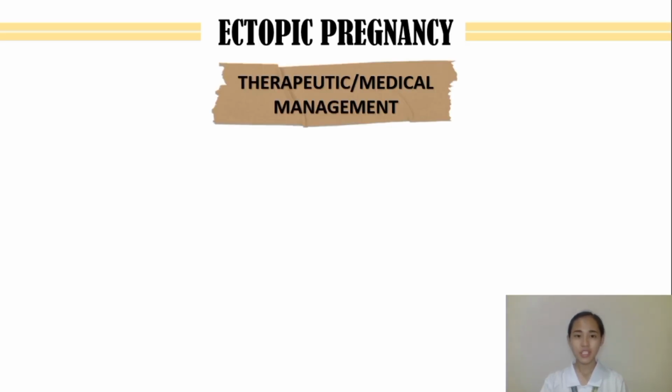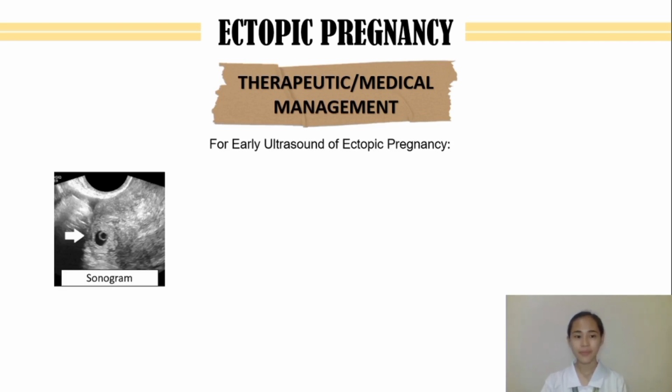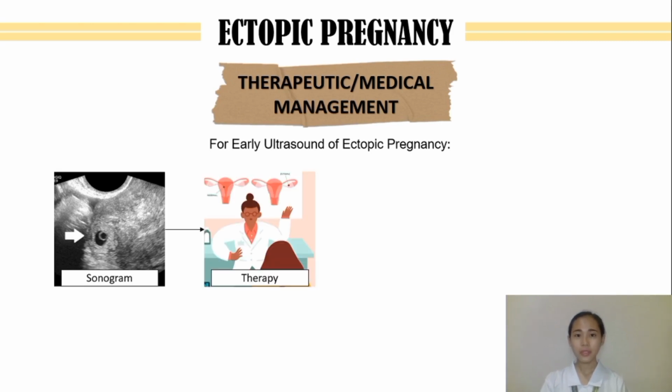Therapeutic or medical management of ectopic pregnancy. For early ultrasound of an ectopic pregnancy, a sonogram is shown to the woman. A sonogram, by the way, is the image produced by the ultrasound. After the sonogram is shown to the woman, there will be an agreement that therapy could be life-saving.